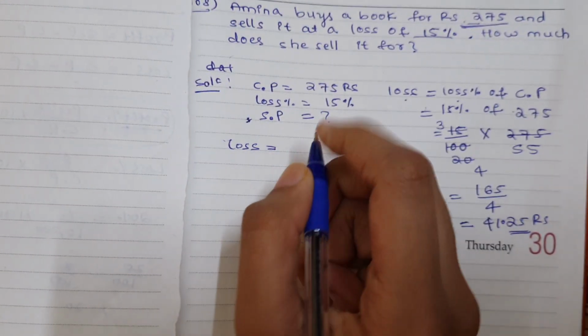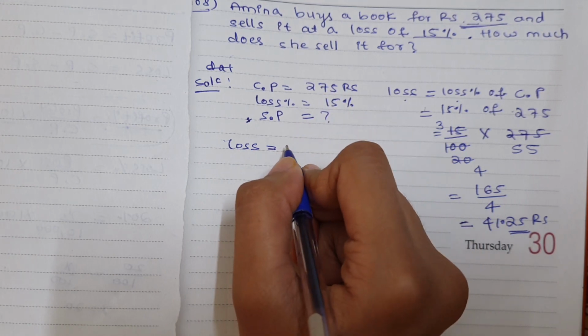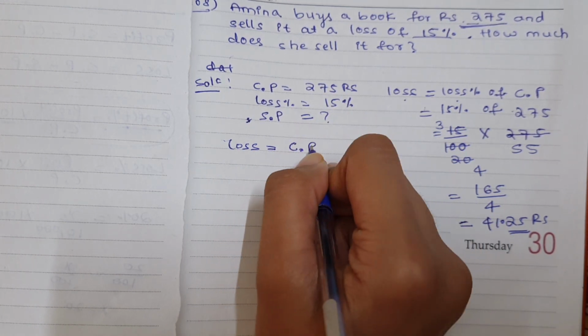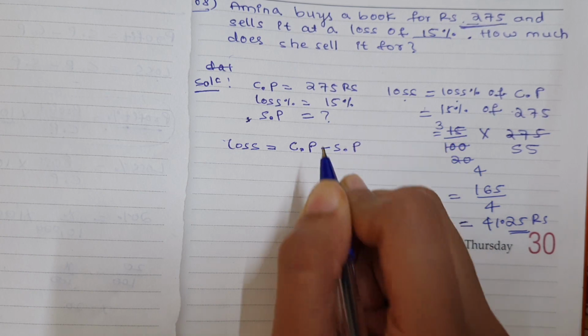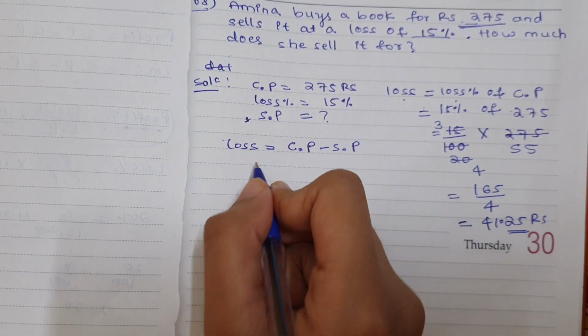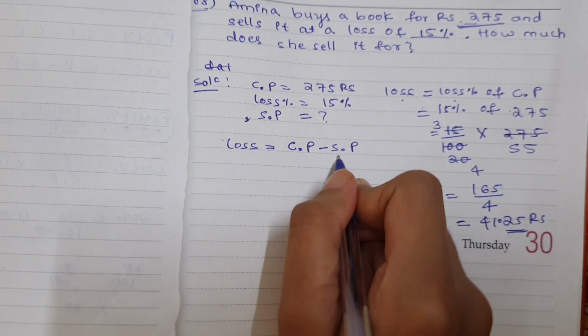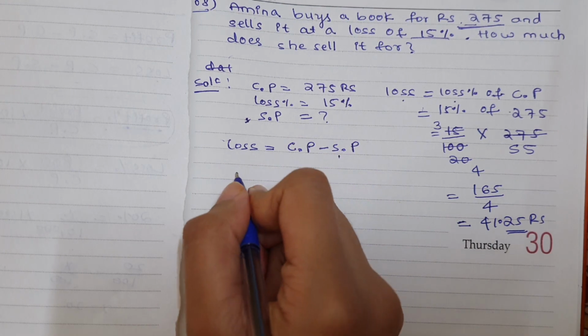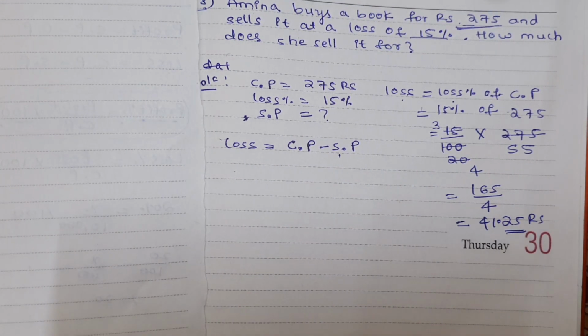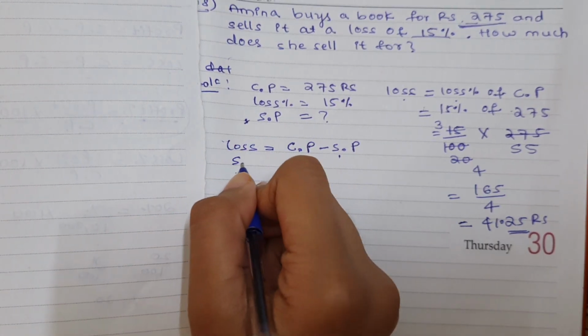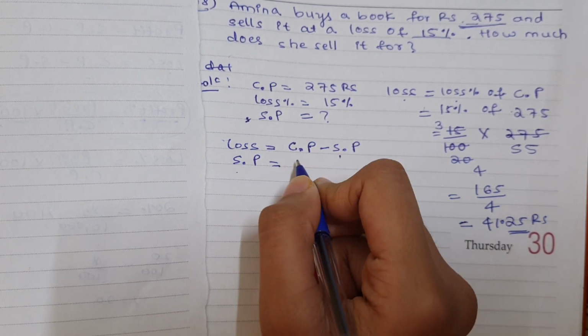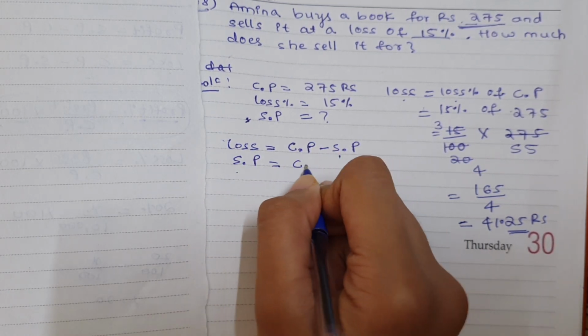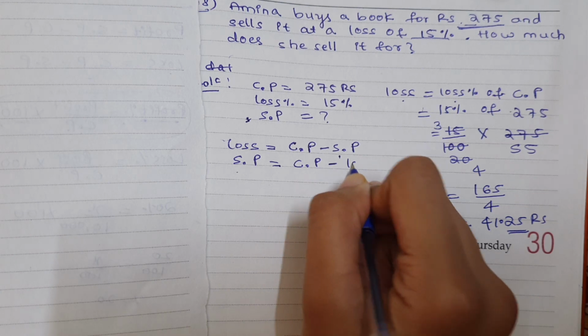But now we have to find the SP. We will be at a loss when the cost price is greater than the selling price, right? Now what we have to find? We have to find the SP. Selling price is equal to cost price minus loss.